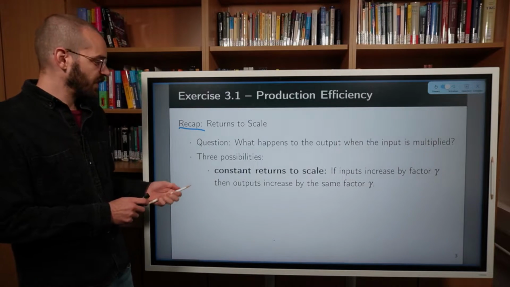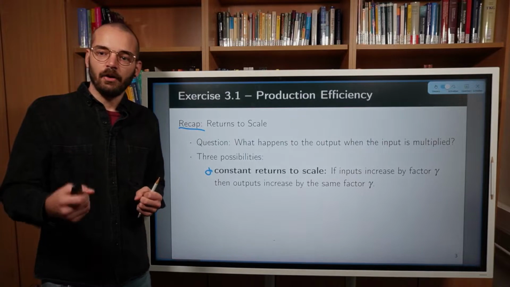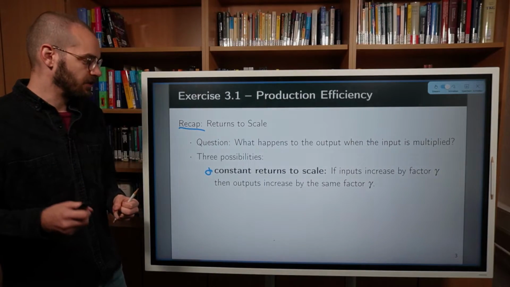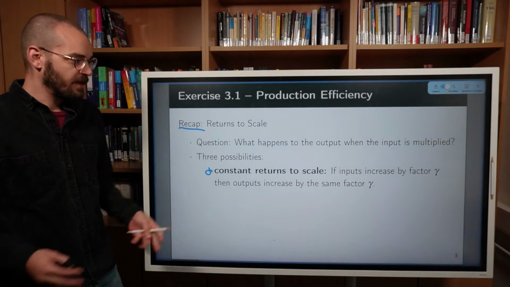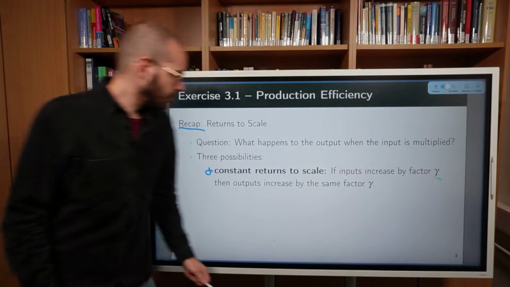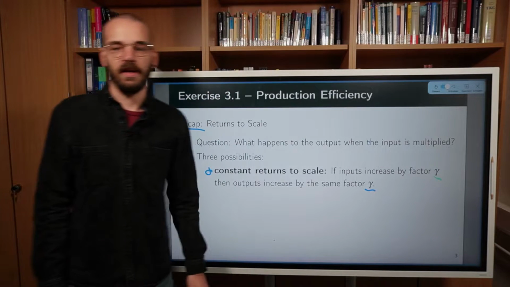The first possibility would be that input and output change by the exact same factor. So we have constant returns to scale. Or in other words, if inputs increase by some factor gamma, then the outputs increase by the same factor gamma as well.